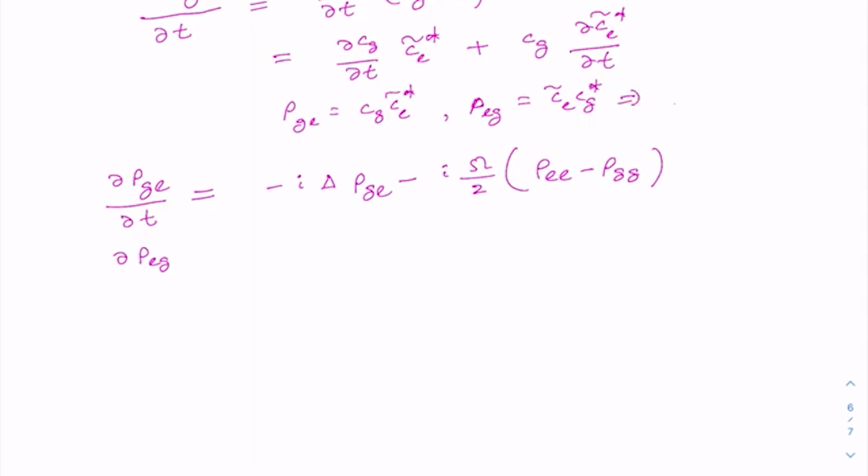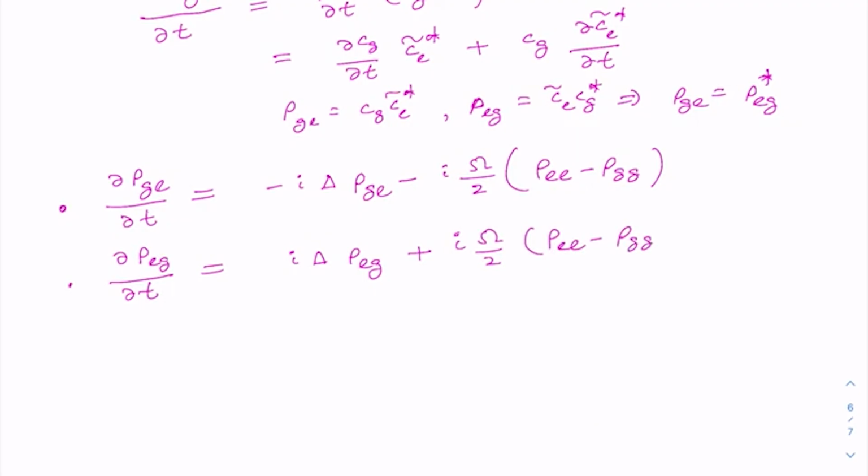So this clearly implies that rho ze is equal to rho ez star, the complex conjugate. So you just have to take the complex conjugate of this equation, and then you will be able to get rho ez. That would be i delta rho ez plus i omega by 2 times rho ee minus rho zz.